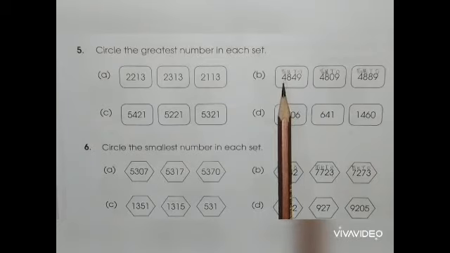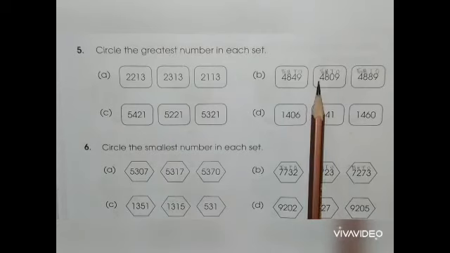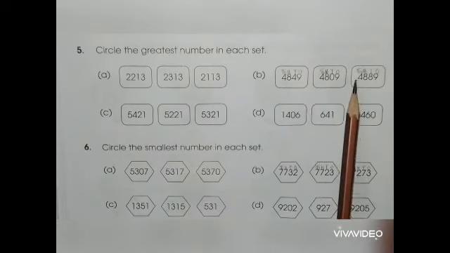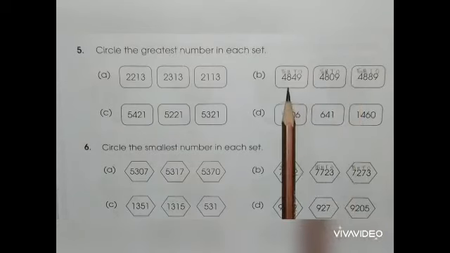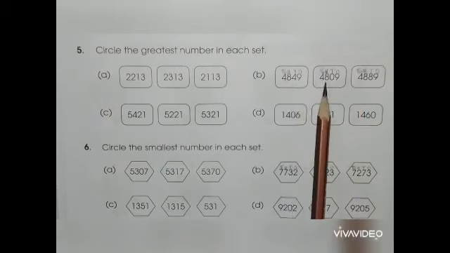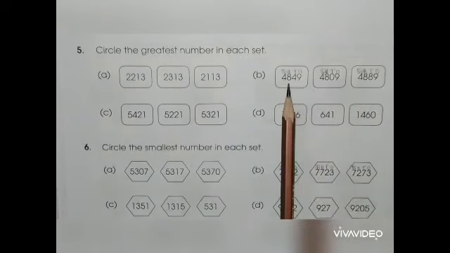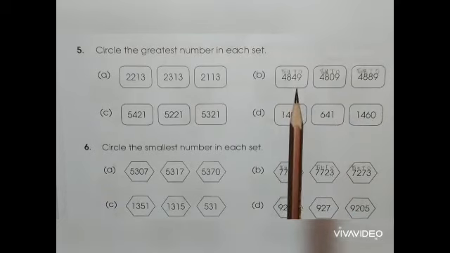You can see that all these three numbers have digit 4 in the column of thousands, so there is no difference. Then we'll check the column of hundreds. Here you can see that all these three numbers have digit 8 in the column of hundreds. This tells us that there is no difference in the column of hundreds also.